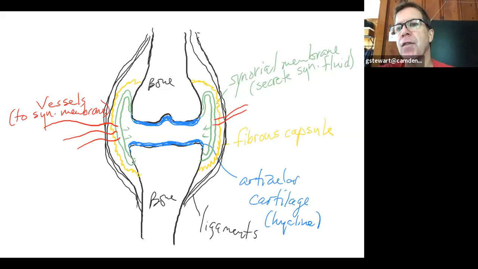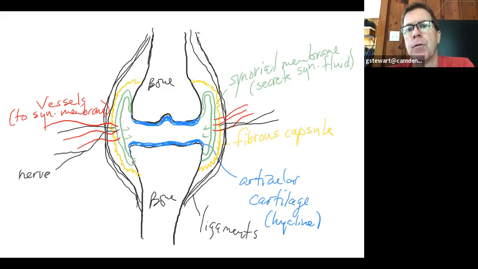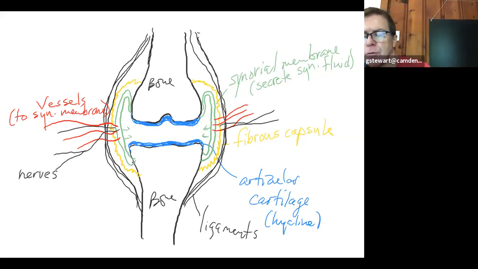Whenever I say nutrition, think of things like oxygen, obviously. And then there are nerves also penetrating this as well, that allow our central nervous system to detect sensation and also send impulses to the muscles around that.